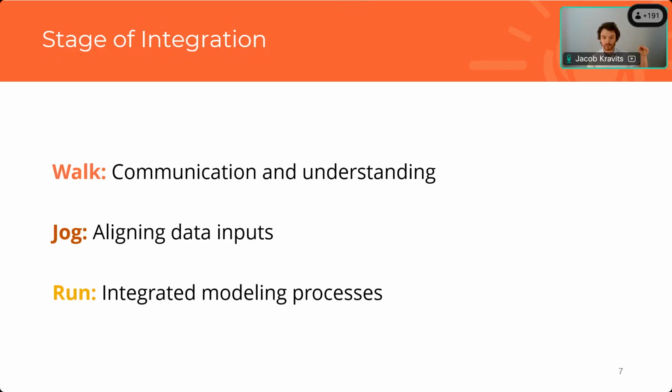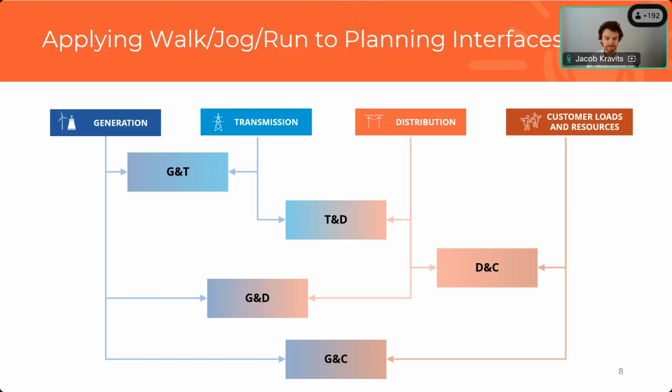And again, what I want to emphasize is that there's value along the way. It's not like, oh, there's no value until you get to run. No, there's actually a ton of value, especially from our interviews. Sometimes the most value you can get can be in some of those earlier stages. So we apply this walk, jog, run framework to different planning interfaces. So again, this guidebook is about providing a single reference.